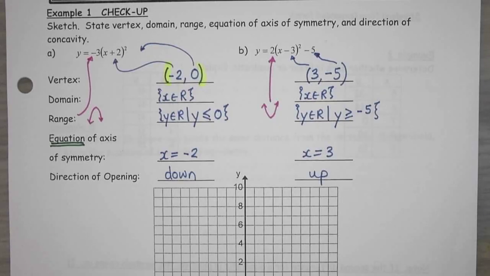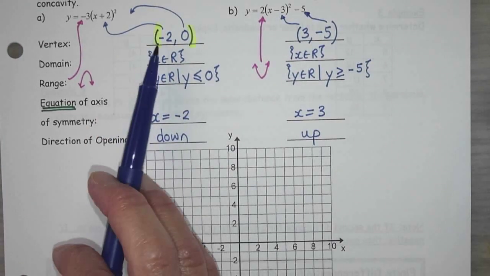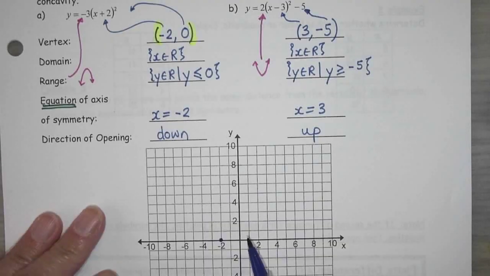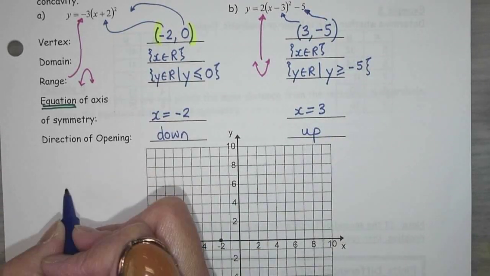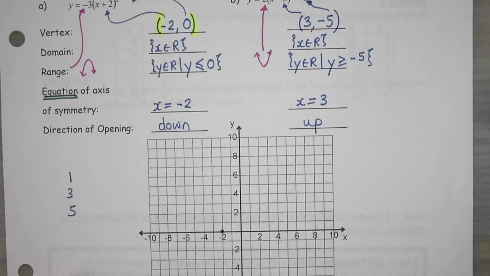Let's graph it and practice the step pattern. This first one is going to be -2, 0. So -2, 0 is my vertex. I know it opens down, and the step pattern is 1, 3, 5. I'm not going to get beyond 1, 3, 5.